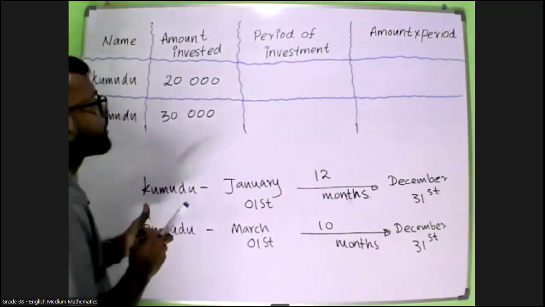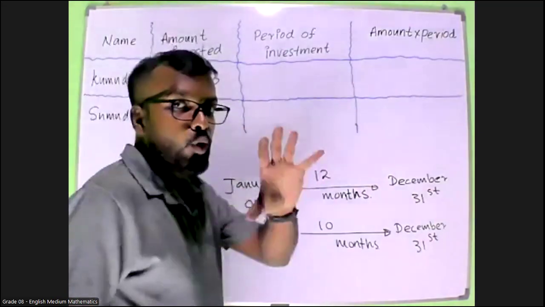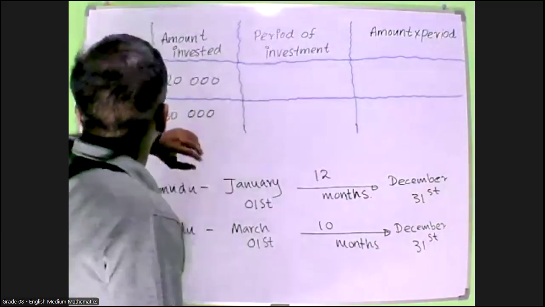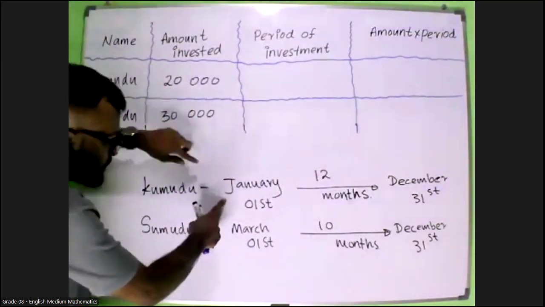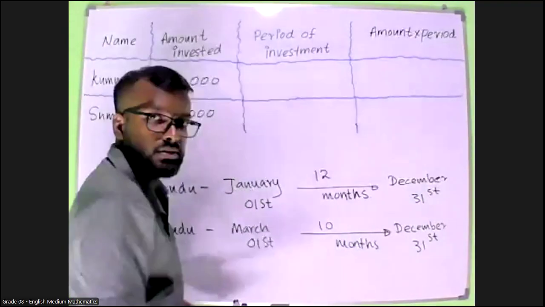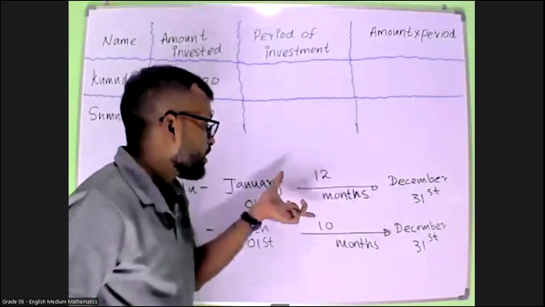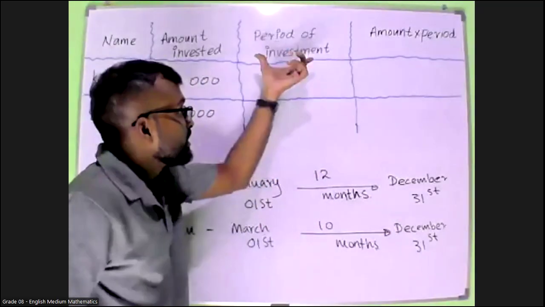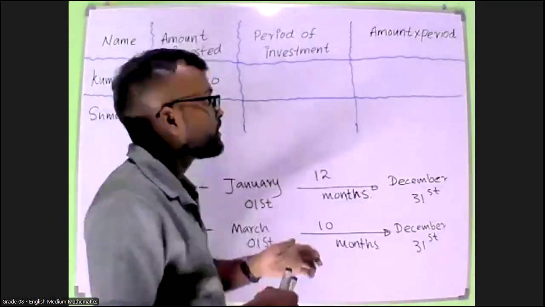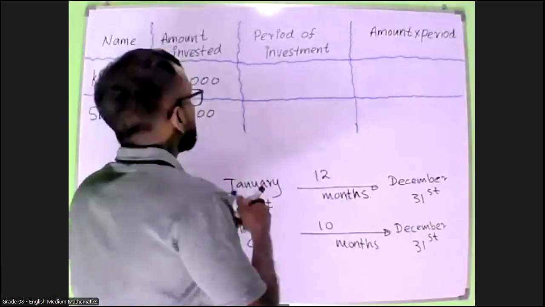Now, the most important part: period of investment. Kumudu started the business in January and works for 12 months, up to December in a certain year. In a year, Kumudu is investing this money for 12 months. So, period of investment: 12 months.